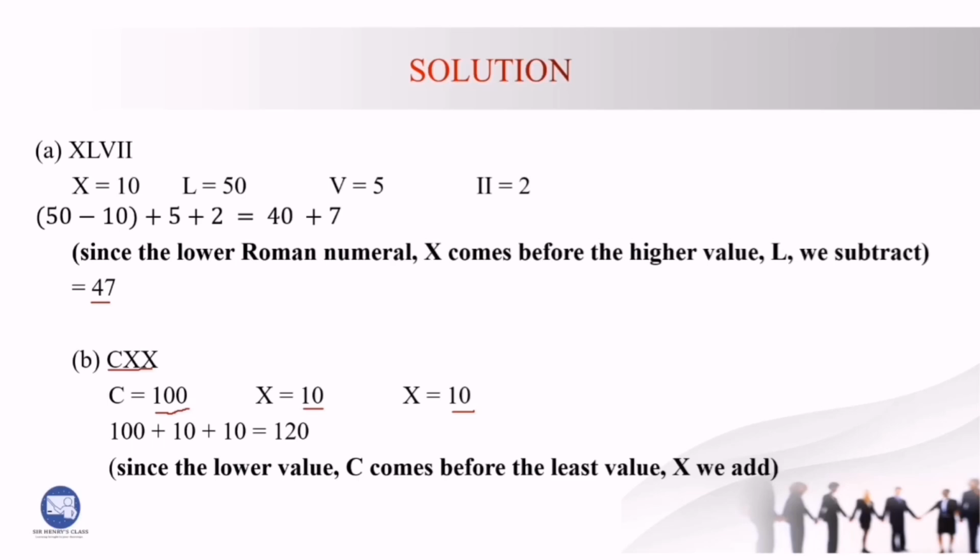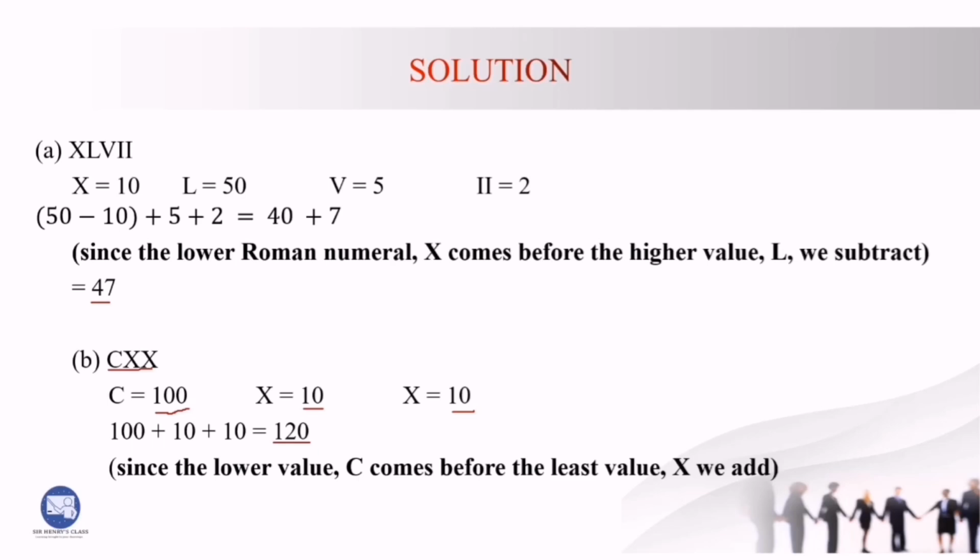Now here let us see, is it a higher Roman numeral coming first or a least? Higher. So if the higher comes before the lowest, we add. So 100 will be added to 10, and another 10. Since the same Roman numerals, we add them. So 100 plus 20, and the answer is 120.